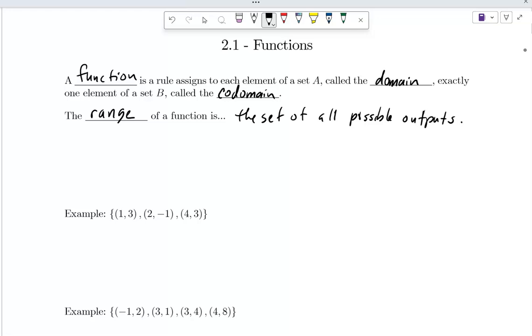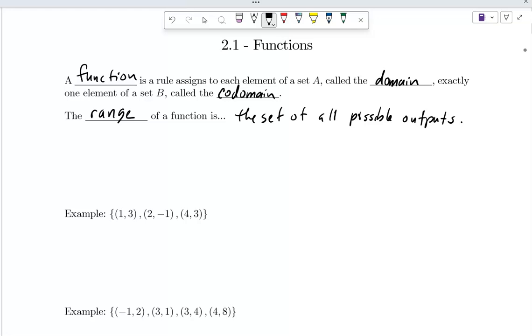Because if I multiply a number by itself, it's either a positive times a positive, which gives you positive, or a negative times a negative, which gives you a positive. Or if you take 0 times itself, you get 0. So you get 0 or something positive. In that case, the range would be anything bigger than or equal to 0. That's what we mean by the set of possible outputs. You can get 0, you can get anything positive, but you can't get anything negative. Okay, so that's what we mean by the range.